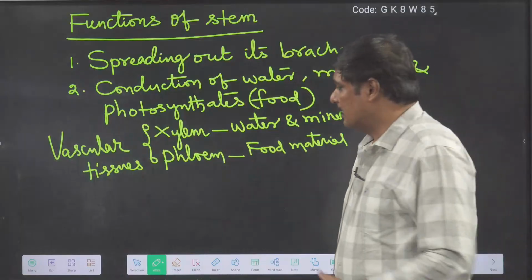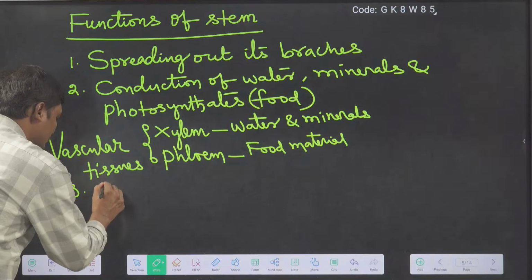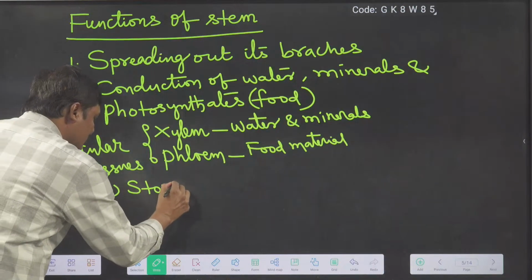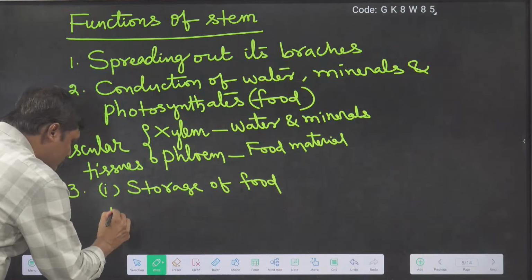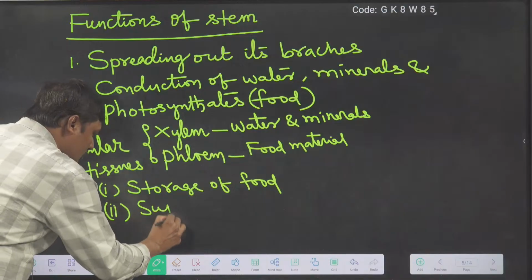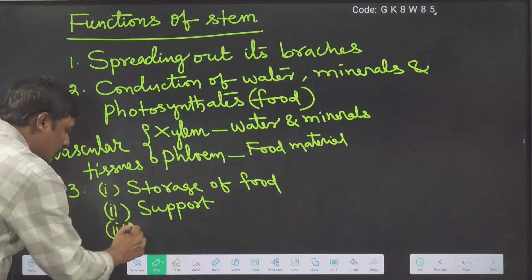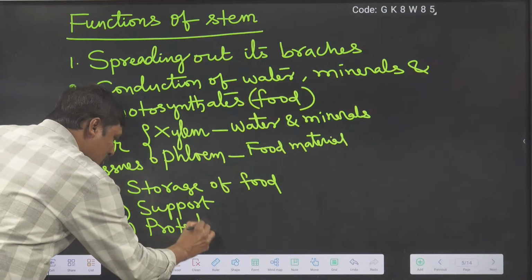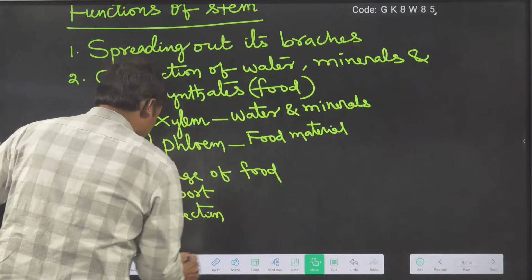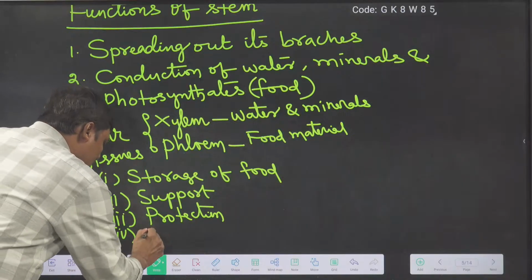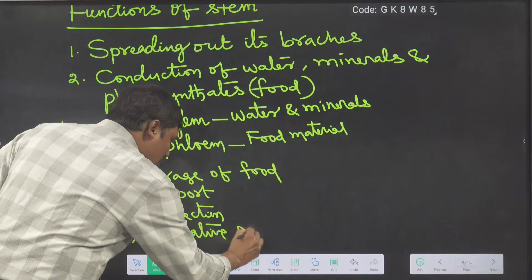Along with that, the stems of some plants also help in storage of food material, support, protection, and vegetative propagation.